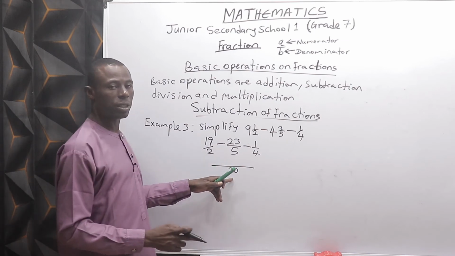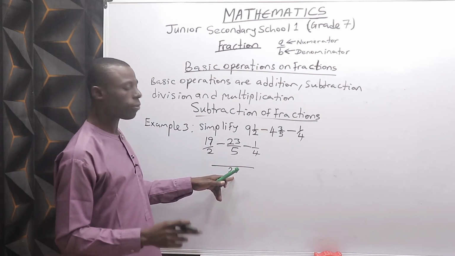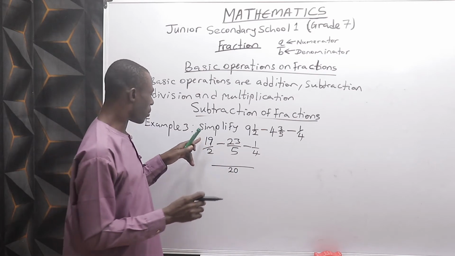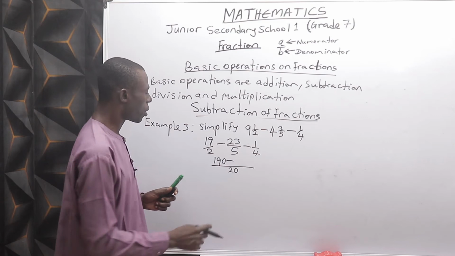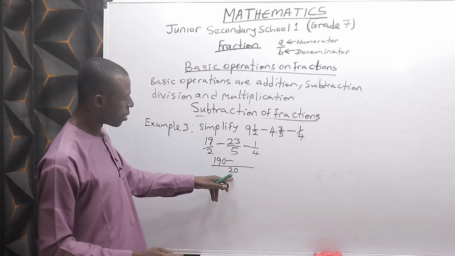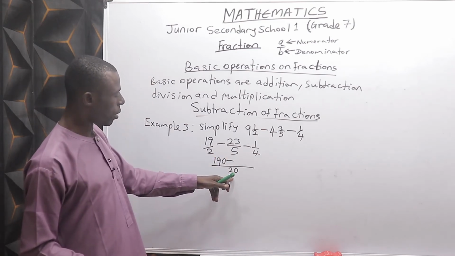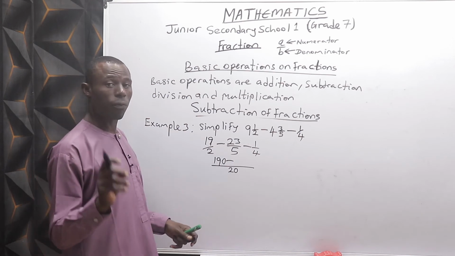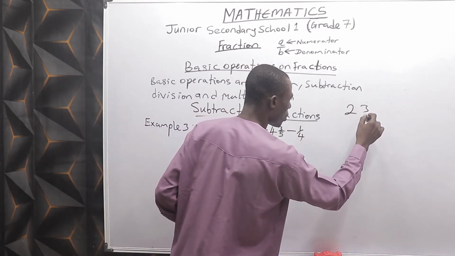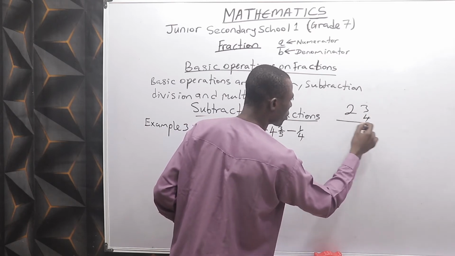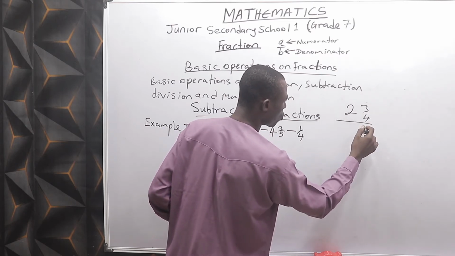2 divides 20. We have 10. 10 times 19, that is 190, minus 5 divides 20. We have 4. 4 times 23, do it like this. 4 times 23, 4 times 3 is 12.